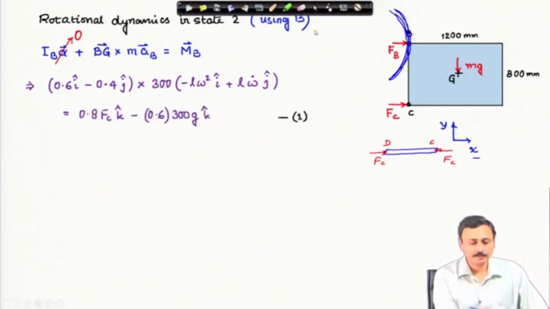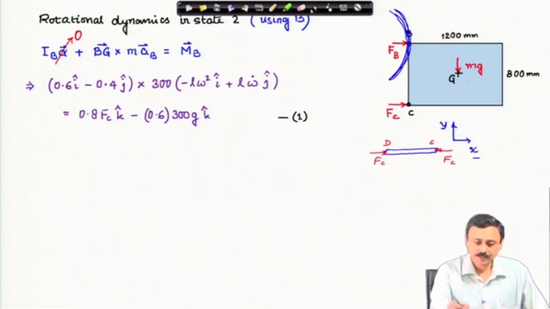If I write down the right hand side of this equation, angular momentum equation, is the moment of all forces about B. Two forces will contribute. One is the force at C, which is horizontal in this state, and the other is the weight, and we know the moment arms because the dimensions are specified.